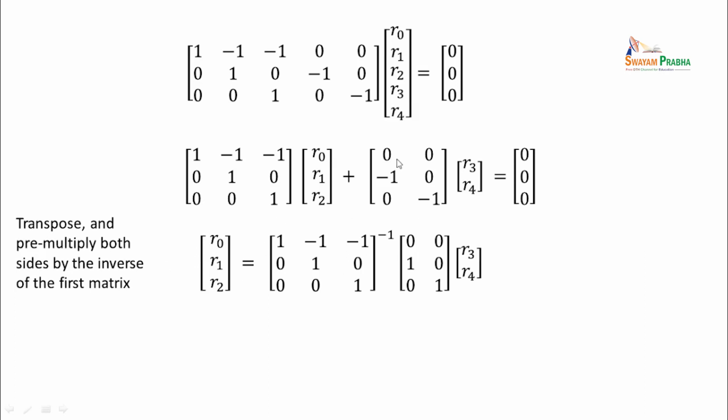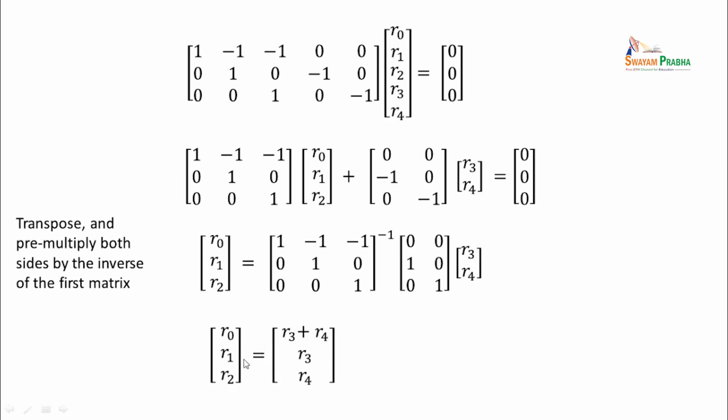This matrix times this into R3, R4 will directly give us R0, R1 and R2. R3, R4 are the ones that are being calculated here from the measurements of C and D. With that we can get R0, R1 and R2.